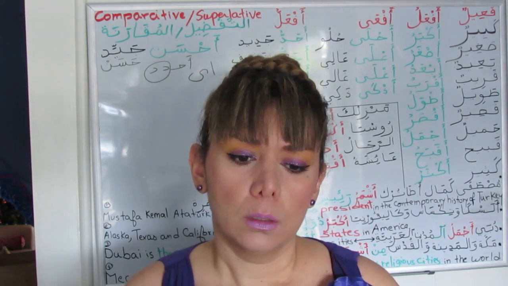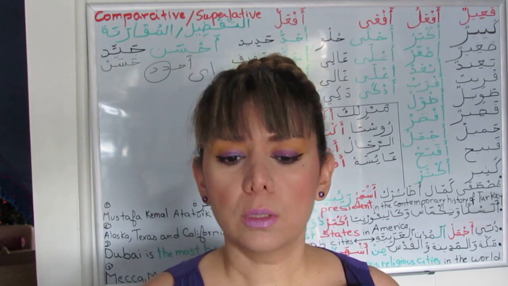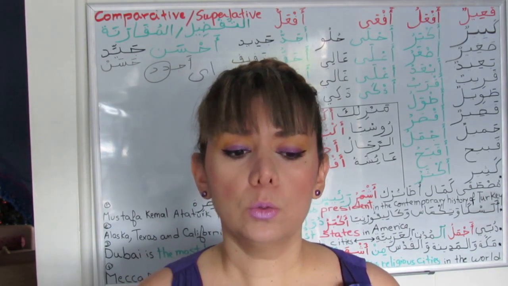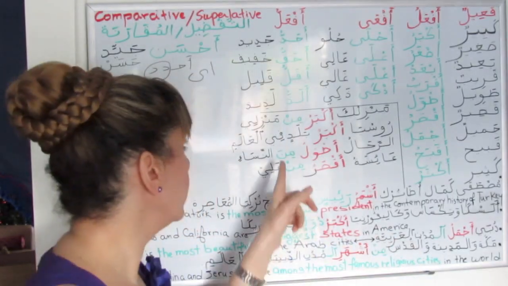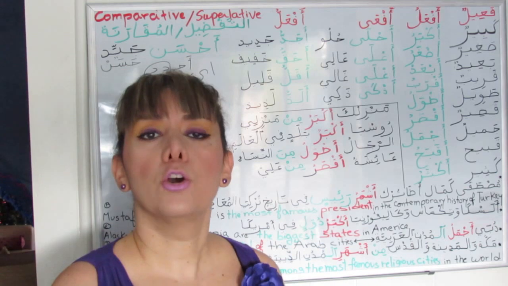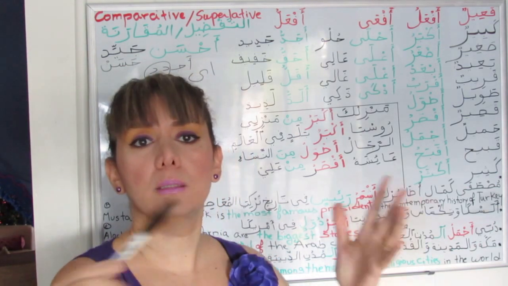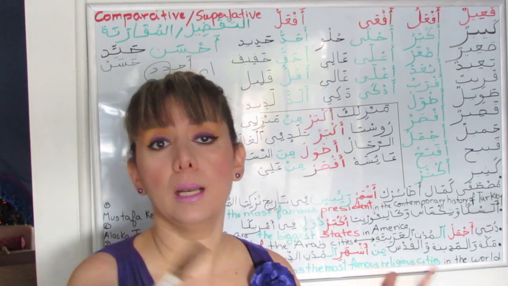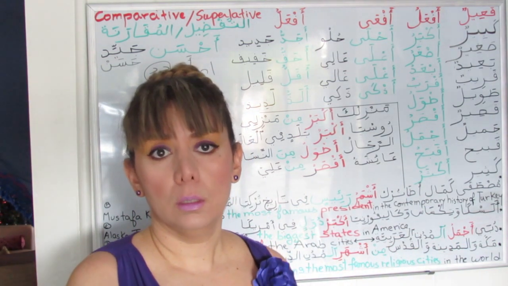Okay? So to form a comparison between two things in Arabic, you use the relative adjective followed by min. And here min doesn't mean from, like min المدرسة, from the school, من البيت, from the home.